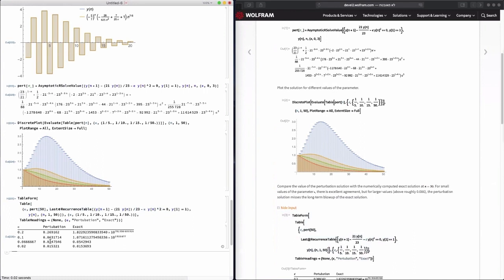And we see for small values like 0.02, there's really good agreement between what the perturbation solution said and what the numerical integration gives. But above a certain point, the exact solution is blowing up at infinity. So there's some sort of qualitative change in behavior that's missed by the approximate solution, which is one of the dangers that you always have to guard against.